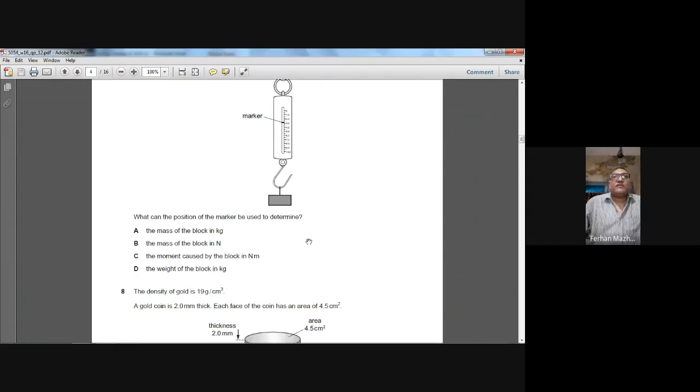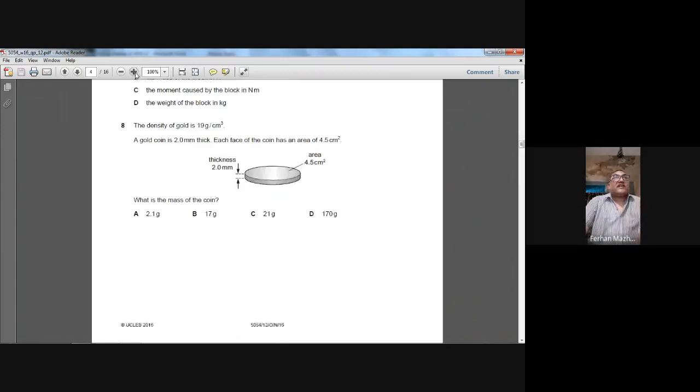The mass of the block in Newton is not right. The moment caused by the block in Newton meter, this is not used to measure the moment. The weight of the block in kg, the unit of the weight is wrong. So A, for question number 7, A is the right option. The mass of the block in kg.